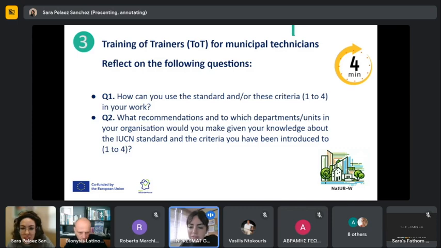I want to say something, Sarah. Actually, this IUCN standard is mostly about biodiversity and sustainability, environment protection.